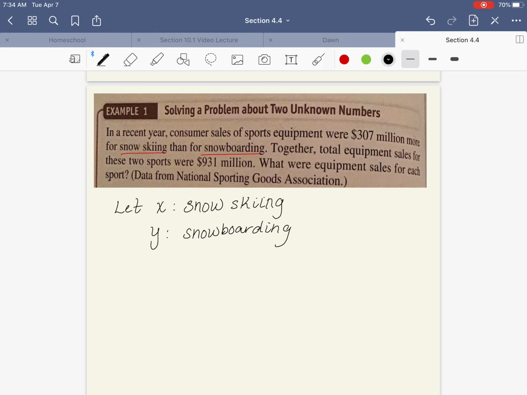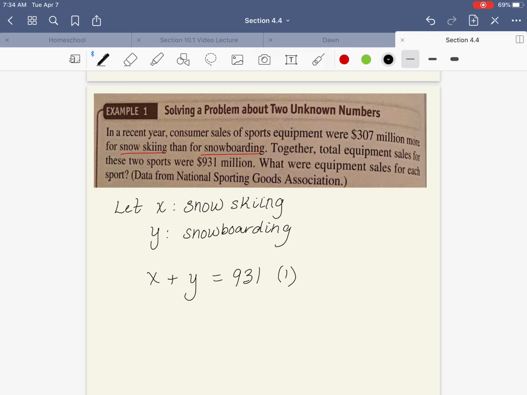All right, it says consumer sales of those two sports together were 931 million. So we can say the two sports together, X plus Y, is 931 million. So that gives us one equation.